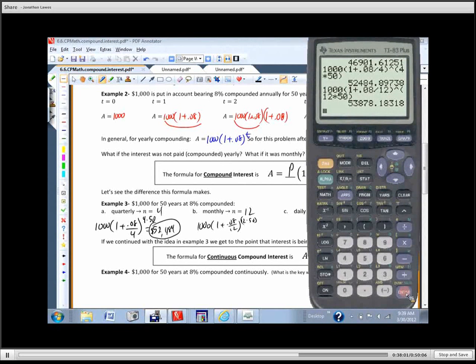Now, it made a difference, but not quite what you'd expect. I mean, gosh, if we went from quarterly to monthly, they paid us interest 200 times before, and now they're paying us interest 600 times and adding it to our account. It seems like it ought to make a bigger difference, but remember, they're paying us a tiny amount of interest every month. So this is 53,878.